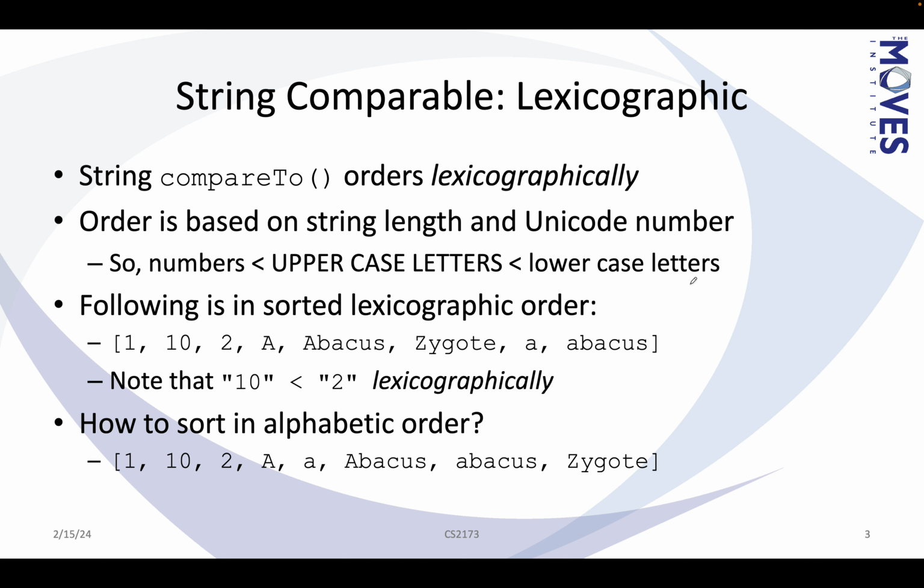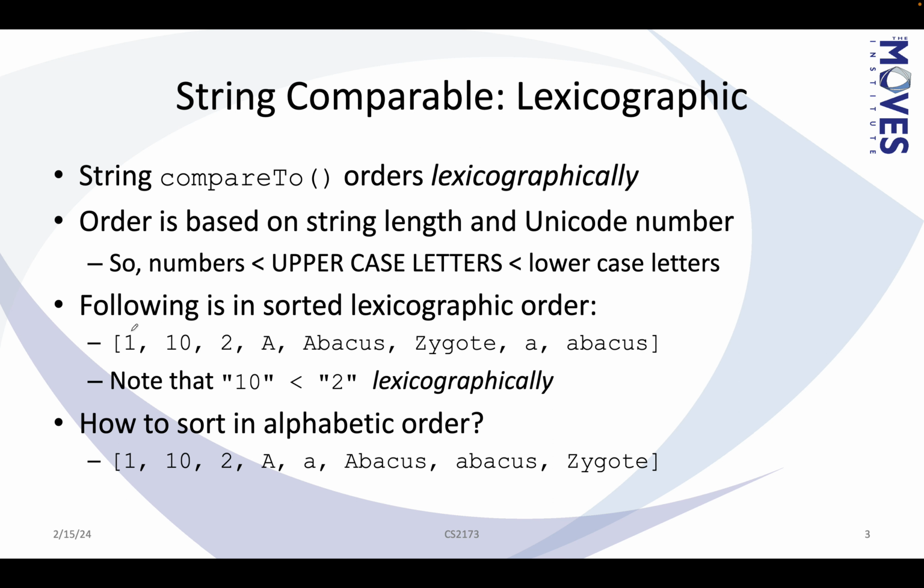So weird symbols and numbers, for example, are less than the uppercase letters in Unicode, and all uppercase letters are less than all lowercase letters. So what that means is that if I have a word that starts with a capital Z and another word that starts with a lowercase a, then the capital Z comes before the lowercase a.